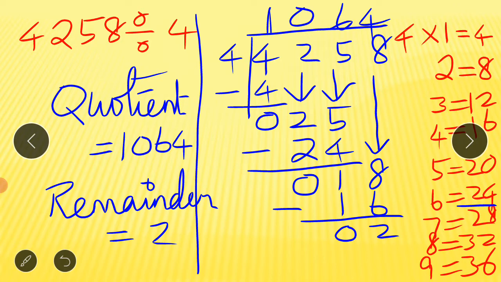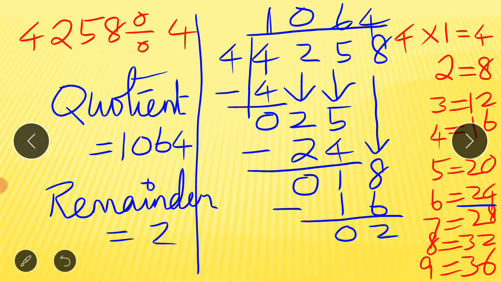That is, you had 4,258 rupees with you, which is the dividend, and you shared it among 4 of your friends, which is the divisor.